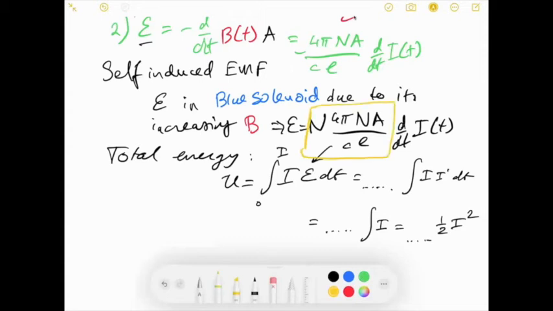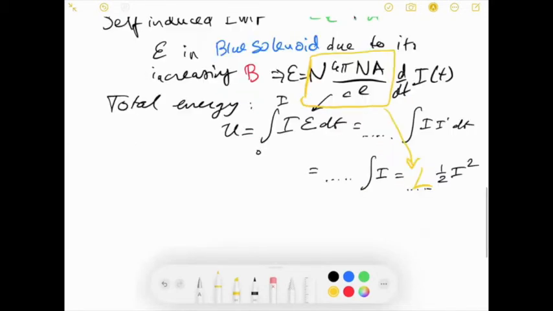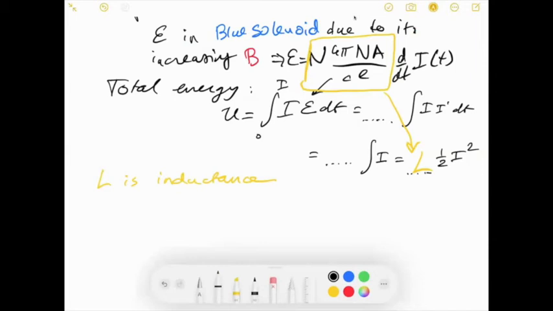And that prefactor goes in here, and we will call it L for inductance. So L is the inductance, and this is the energy that's stored in the inductor. And if you work out what the energy density is, it turns out that U is also equal to 1/8 pi B squared integrated over the volume of the inductor.